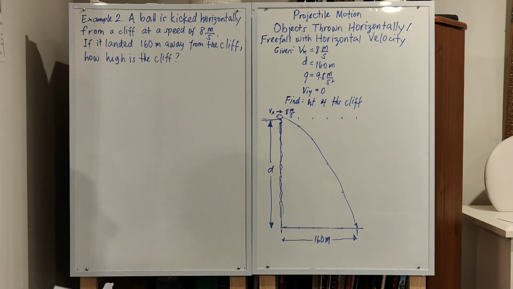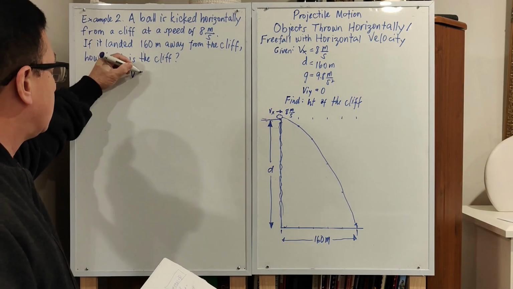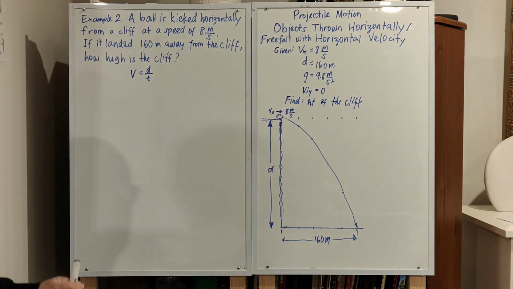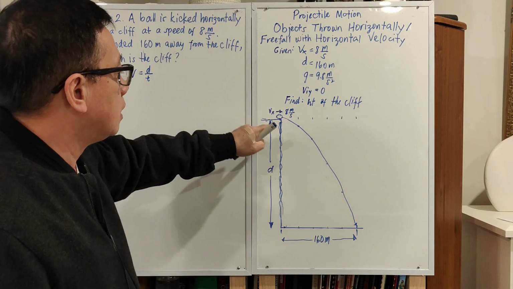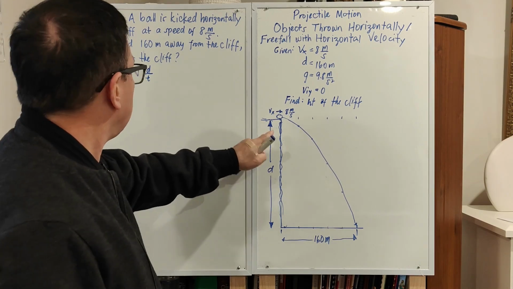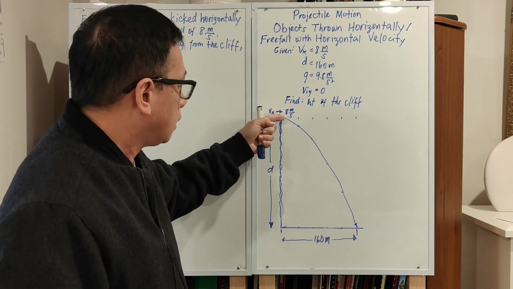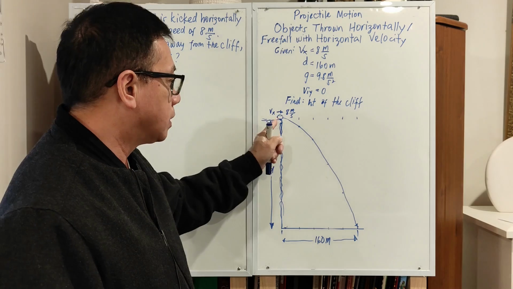Now the formula for the velocity, distance and time is this: velocity is distance over time. So we can plug in the values for the distance and the time and the velocity. So what happens is it has a horizontal velocity constant at 8 meters per second.